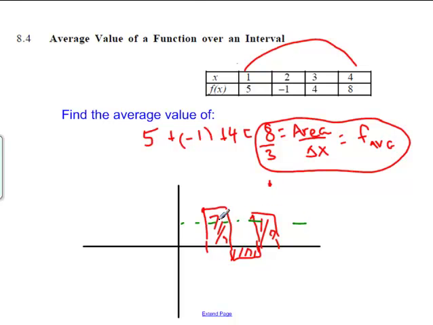Now that was using a left bound. We also could have used a right bound. On a right bound, between 1 and 2, we're choosing our right value, and between 2 and 3, I'm choosing my right value, and between 3 and 4, my right value again.